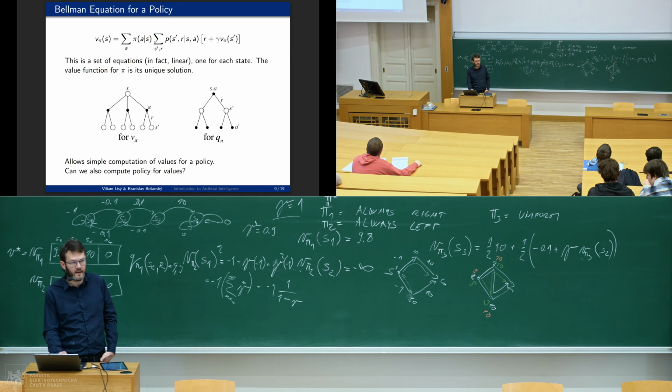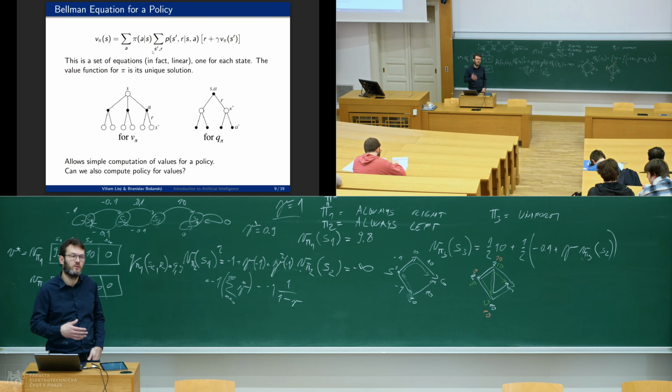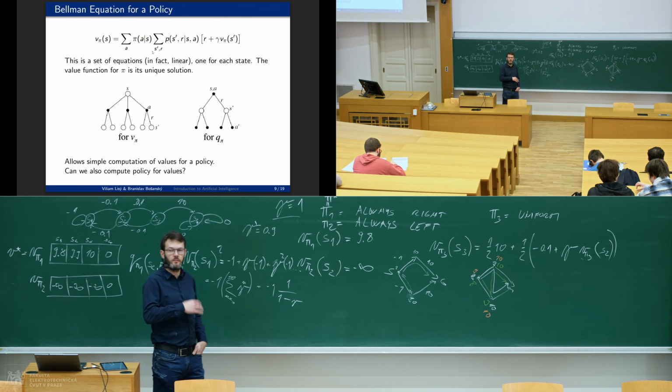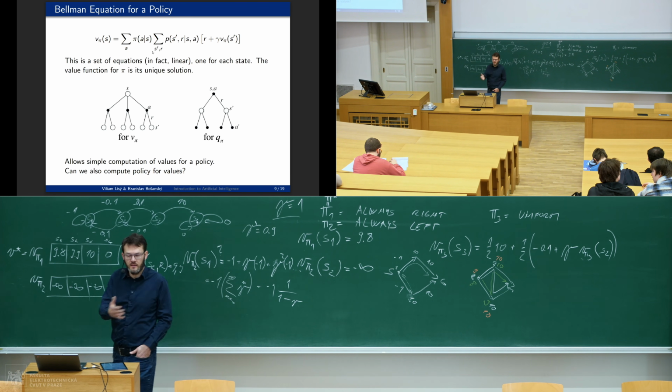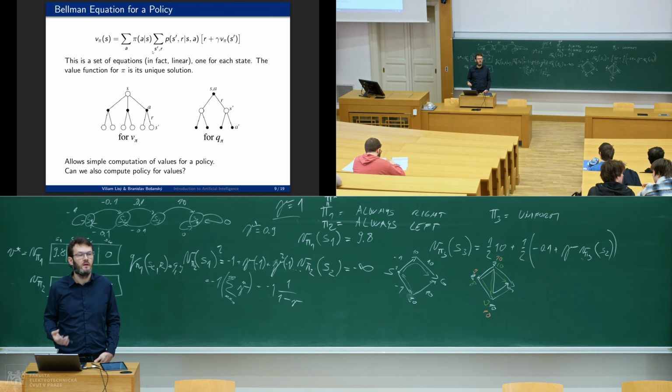Sure, yeah, it's again a set of linear equations. Now, these will become constants. These will be the only variables. They are there in a linear form, so you can compute back also the policy from the value function. And that's why it's such a fundamental concept, because you can just transform value functions to policies and back using this.